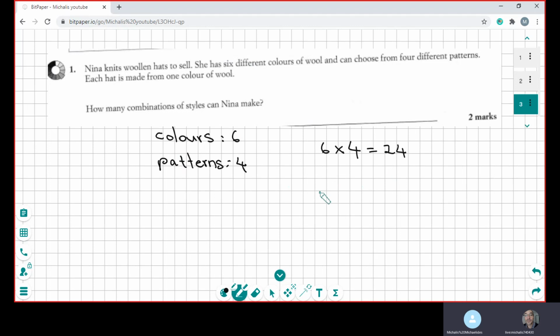So the answer here is 24 different combinations. This is always the case when I have two things combined, or to find the different types of combinations, we do multiplication of the two numbers, 24 different styles in this case. This is not a difficult question.